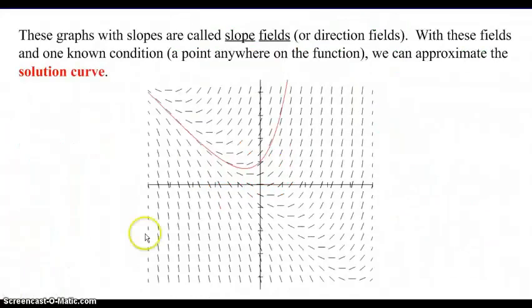Now I'm going to go to the next slide, and this one's actually been generated by a computer algebra system. So this is the same differential equation. This is still dy/dx equals x plus y. But I want to talk about some things because sometimes you're given a slope field and you're asked to match it to a list of differential equations.